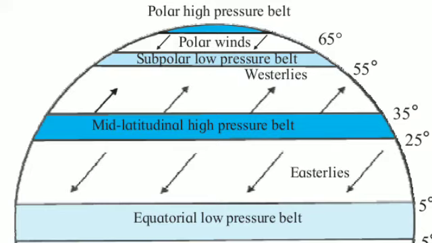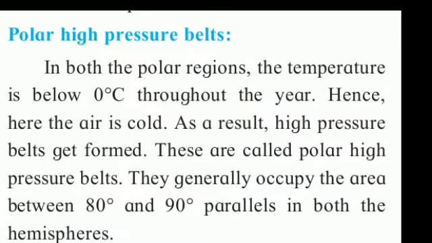Because of the lesser friction between the air and Earth's surface, all the air gets thrown out, and when the air gets thrown out, the pressure over here is low. So this subpolar low pressure belt gets formed, at 55 to 65 degree in the south and 55 to 65 degree in the north also. Understood? Let's see the next one.